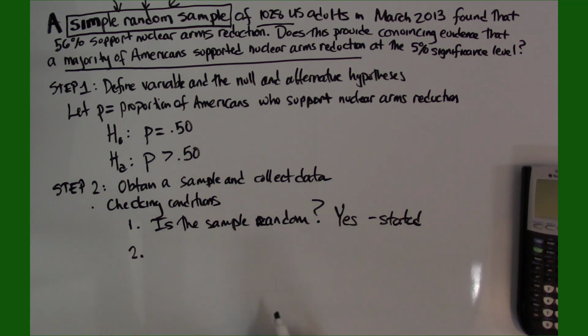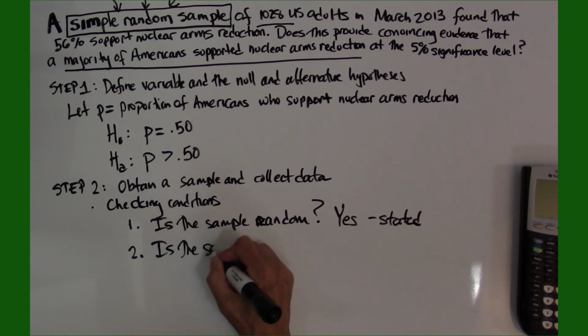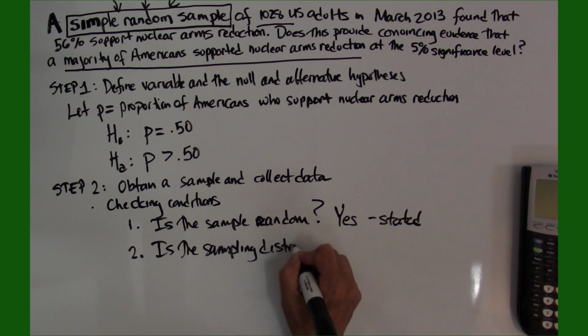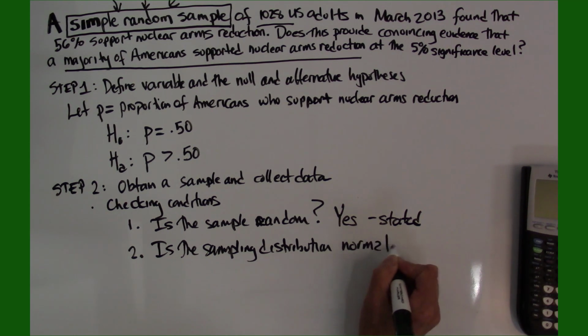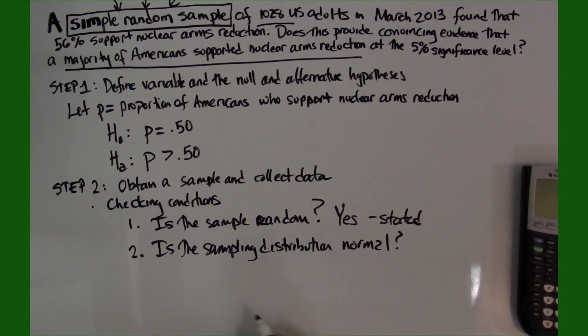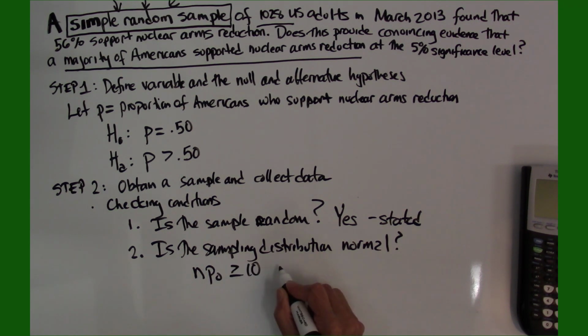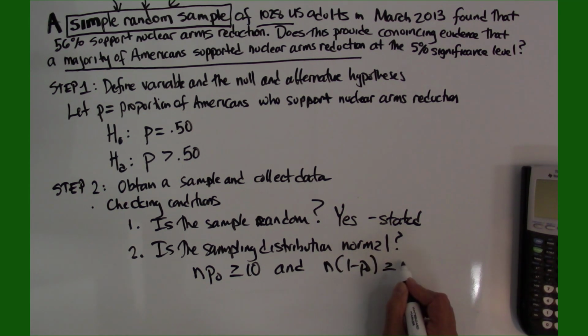The second condition we need to check is whether the sampling distribution is normal. We have 2 conditions to check there. Is n p0 greater than or equal to 10, and is n times 1 minus p0 greater than or equal to 10?